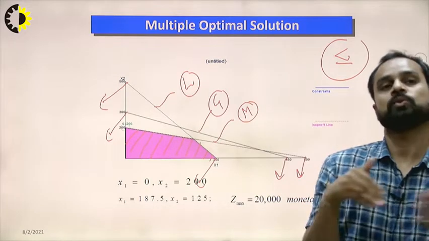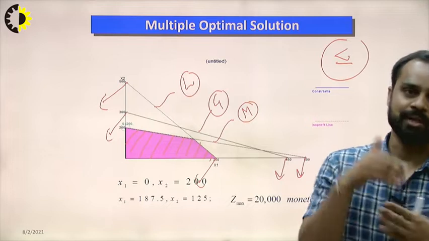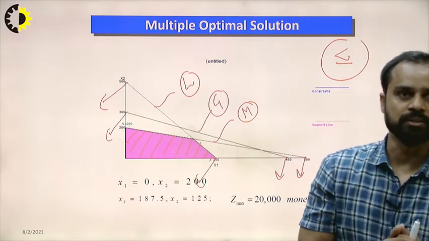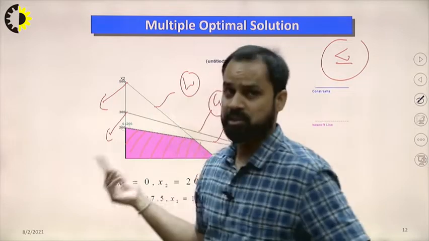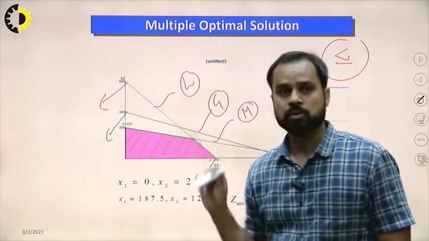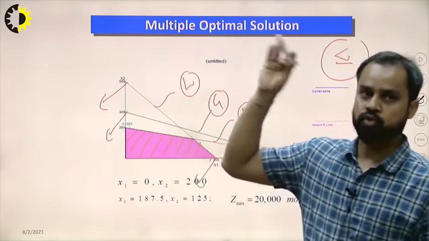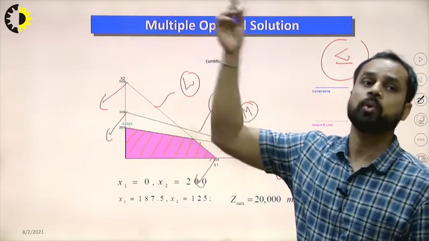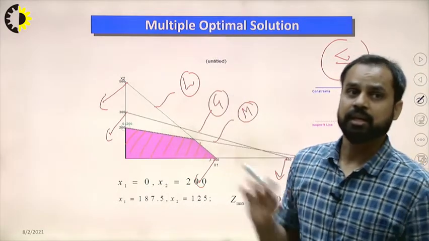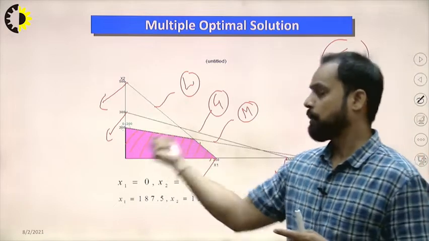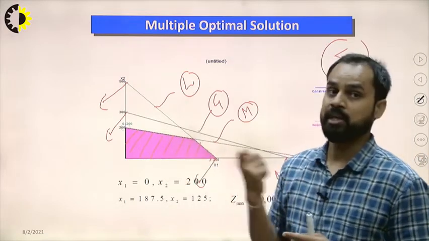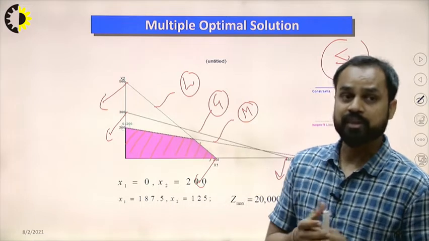So the maximum value of the solution always exists at the corner points. So we have to check the corner points, because this problem belongs to the maximization type. If the problem is a maximization type, we have to check the topmost corner of the feasible region. If the problem is a minimization type, then we have to check the minimum corner point of that feasible region.